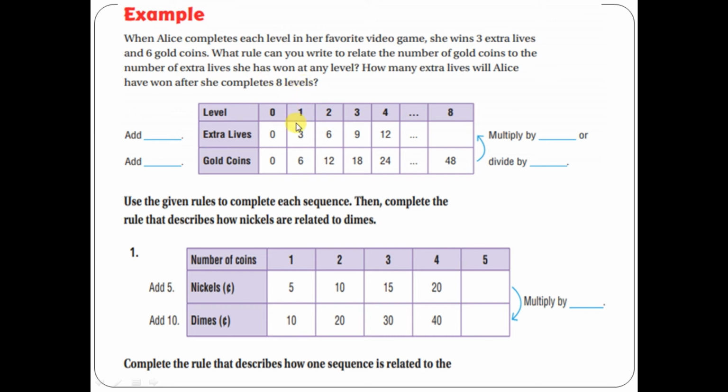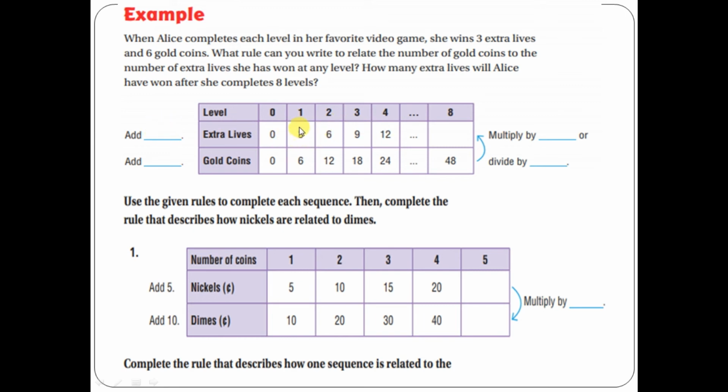This means for each level she will take 3 extra lives. For level number 1 she will take 3 extra lives. Level number 2 she will take another 3, so 3 plus 3 will be 6. For level 3 add another 3, it will be 9. So can you see here the number is increasing? This means I add. But I add what? I add 3.